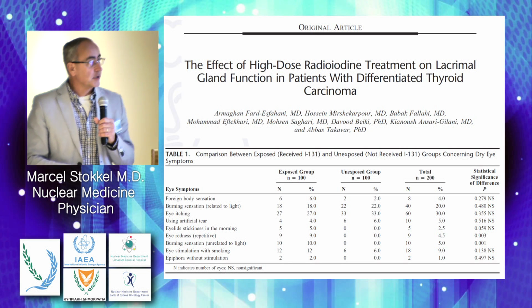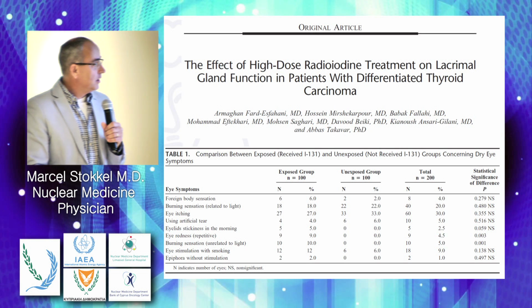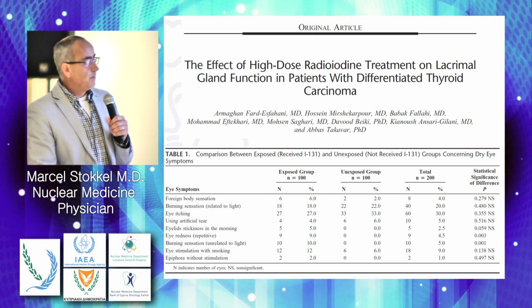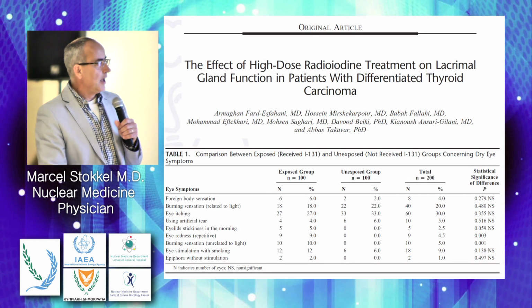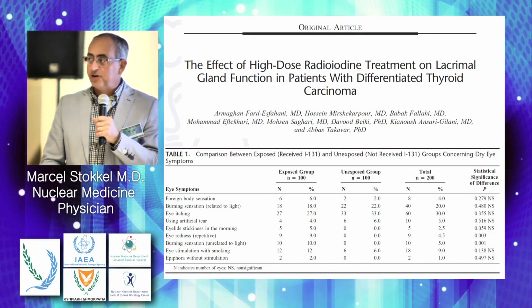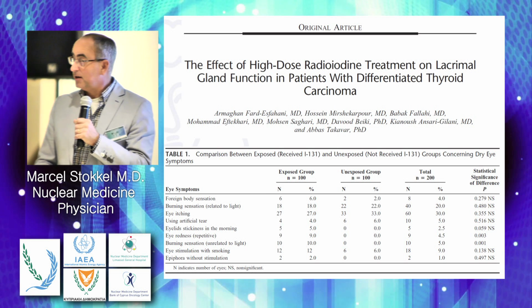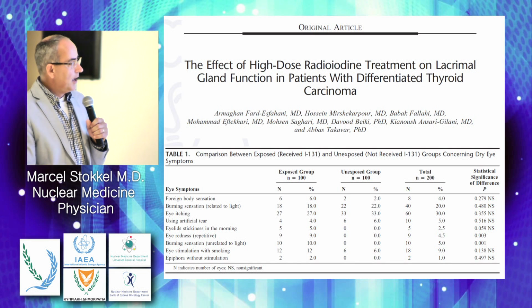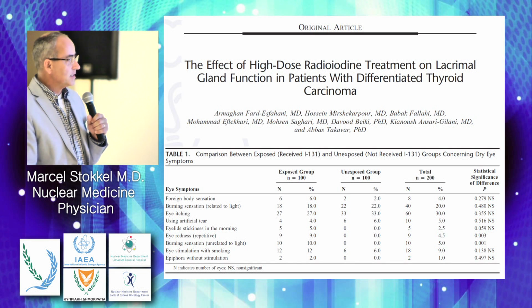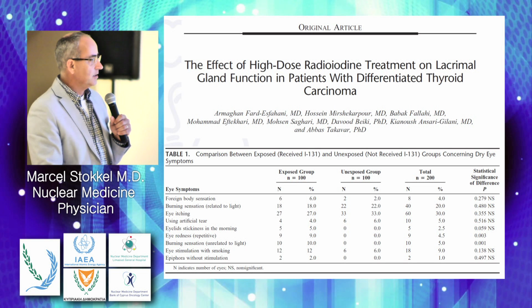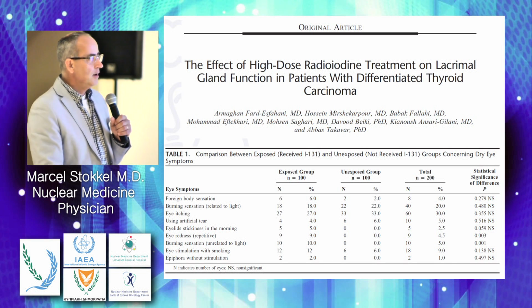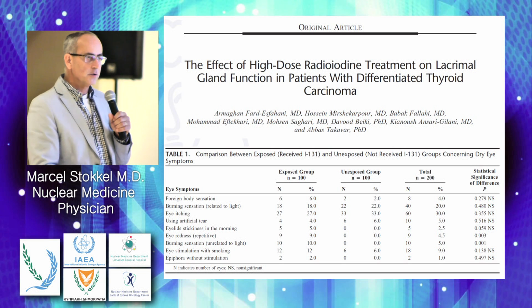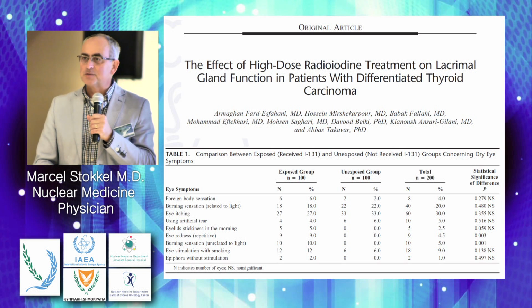And you see here, for example, in this study, they compared a group that was exposed to radioiodine and a group not exposed to radioiodine treatment, and they were all suffering from differentiated thyroid cancer. And of course, patients had a foreign body sensation and eye itching and used artificial tears, etc. But when you look at the unexposed group, there were also quite a lot of patients suffering from these symptoms.